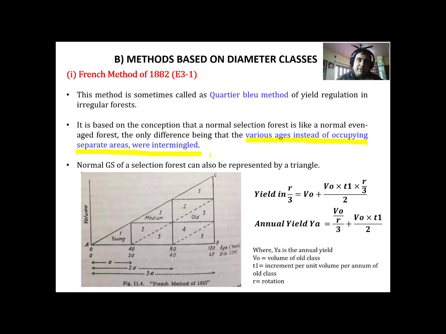So just like we take yield from a regular, even-aged forest, we can take it from an irregular forest, as conceptualized in this triangle ABC, wherein just like an even-aged forest, we have divided the entire growing stock into three categories: young, medium, and old.